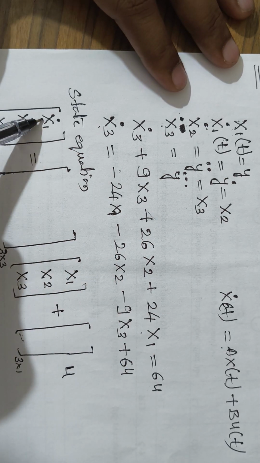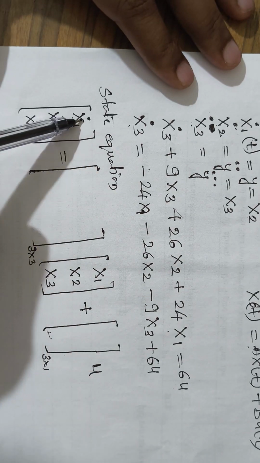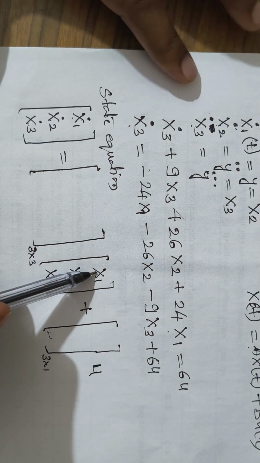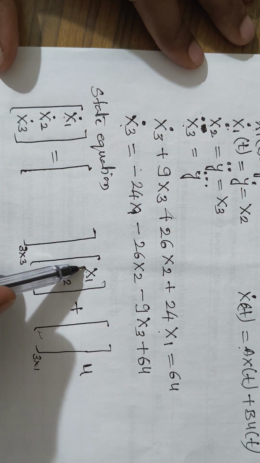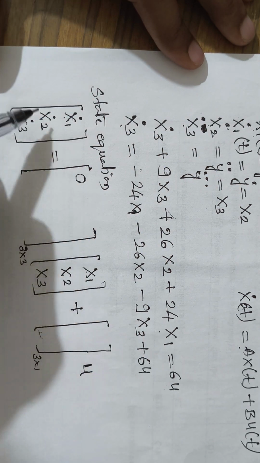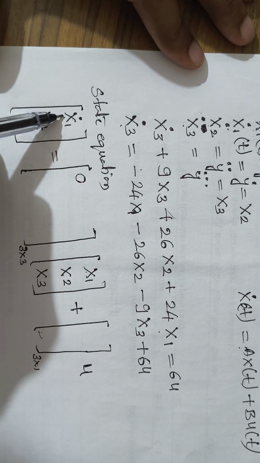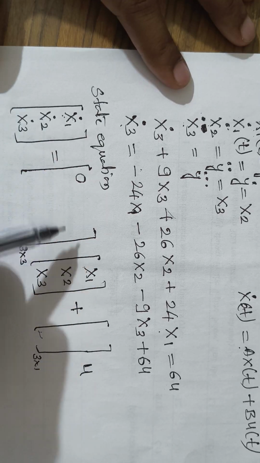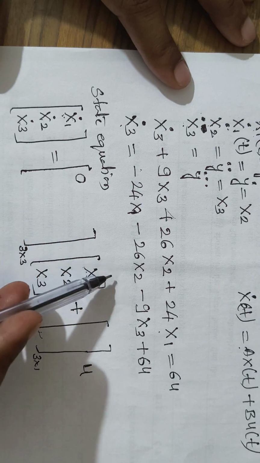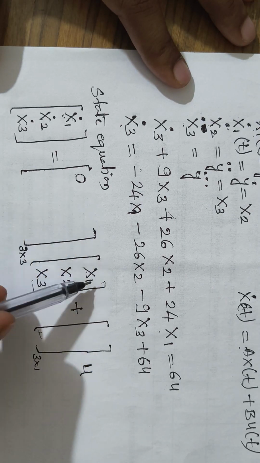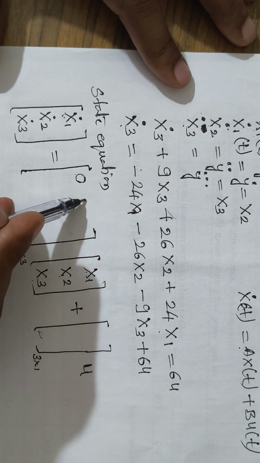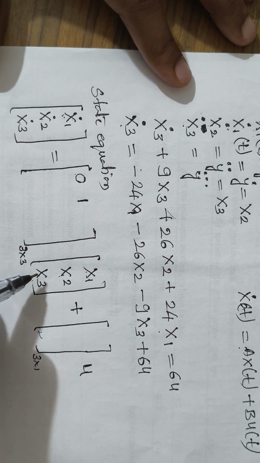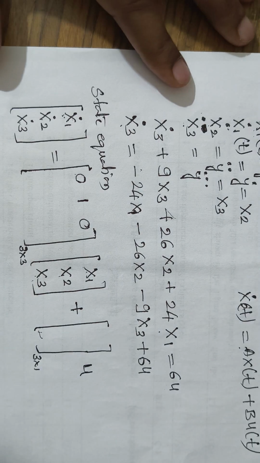You don't have any x1 term in x1 dot, therefore the x1 term here will be 0. Next, x1 dot is equal to row into column, that is 0 into x1. You don't have any x1 term, therefore 0. You have one x2 term, therefore it will be 1. You don't have any x3 term, therefore it will be 0.